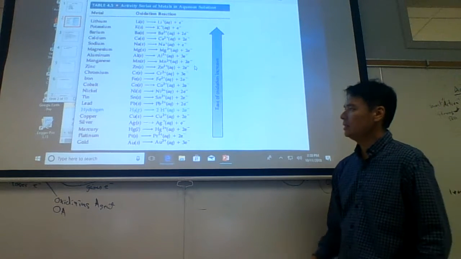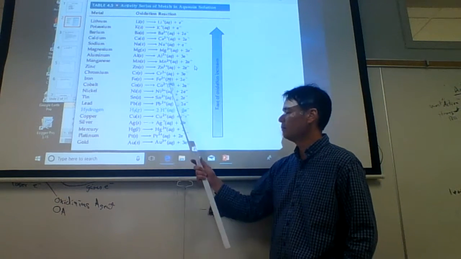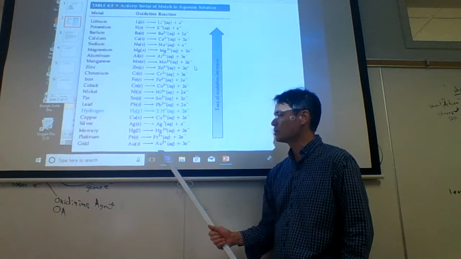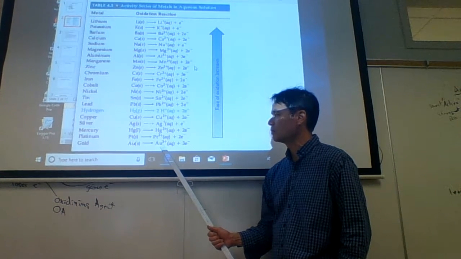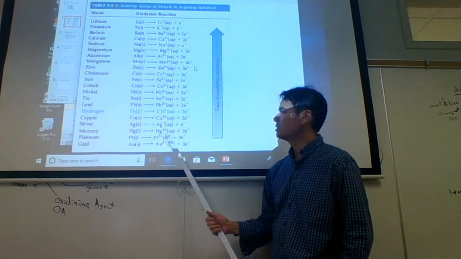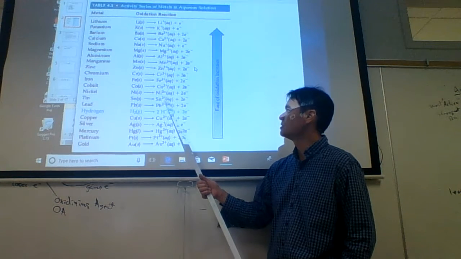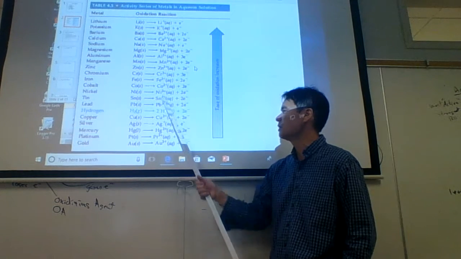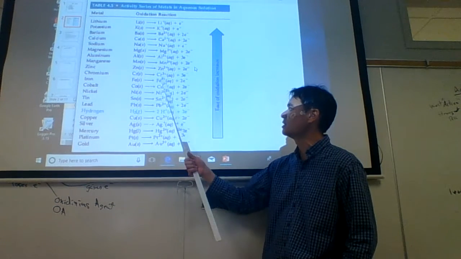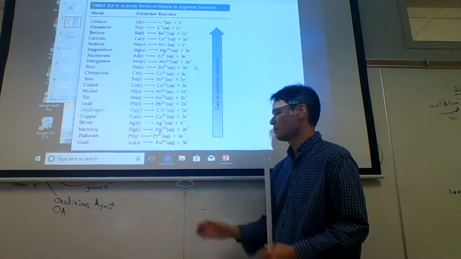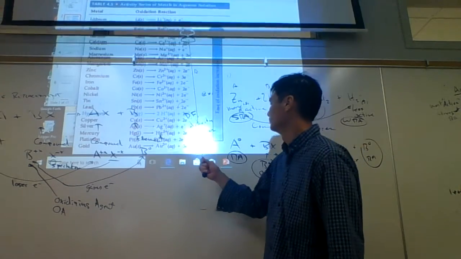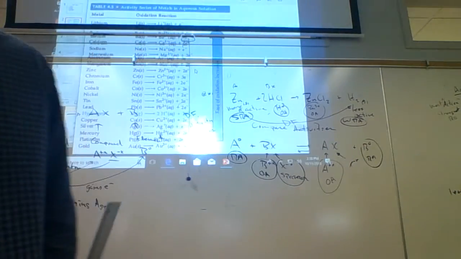And so we can see that in terms of oxidizers, gold 3 is the strongest oxidizer on this chart. If gold 3 is the strongest oxidizer, let's find H plus. H plus is here. And then let's find Zn2 plus. Zn2 plus is here. So H plus is a stronger oxidizer than Zn2 plus. And so let's go back to this.